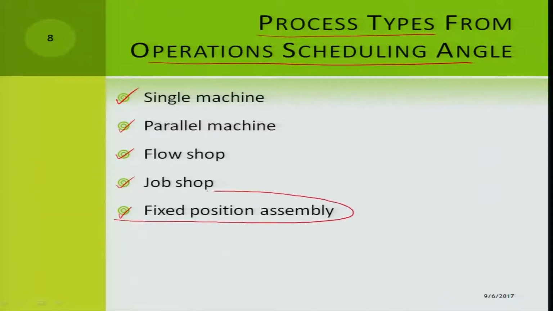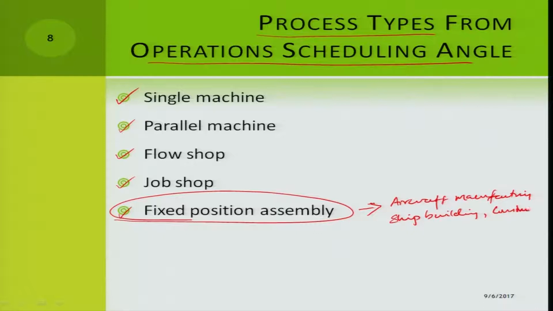This we will not spend too much time on, because this is more like aircraft manufacturing or shipbuilding or construction, etc. The major thing here is that the product remains stationary and resources move to the product.